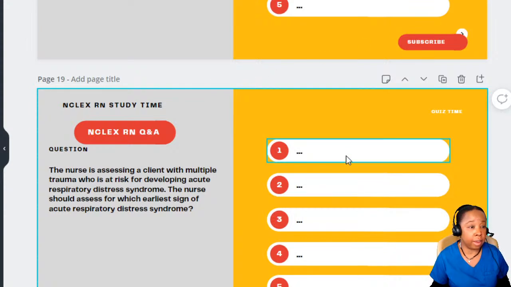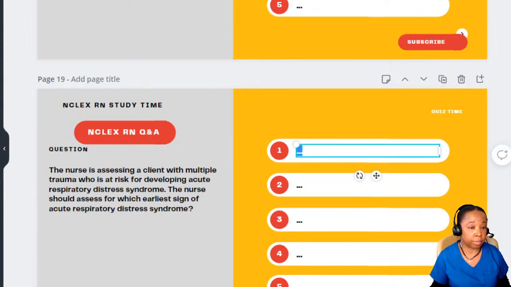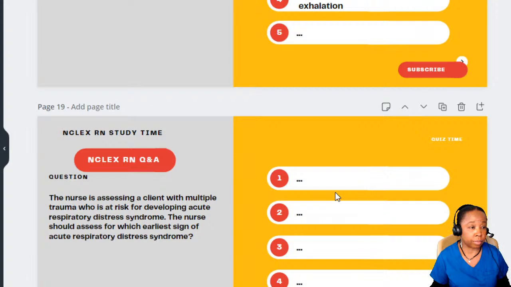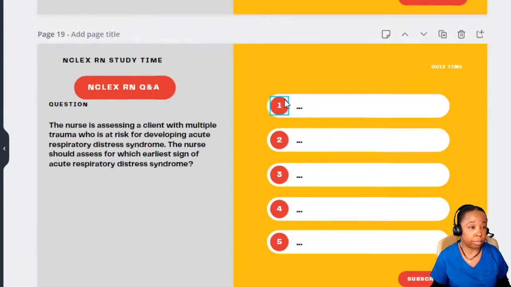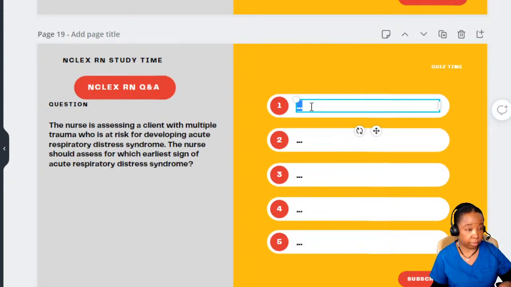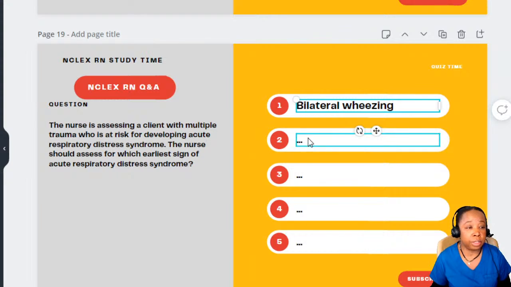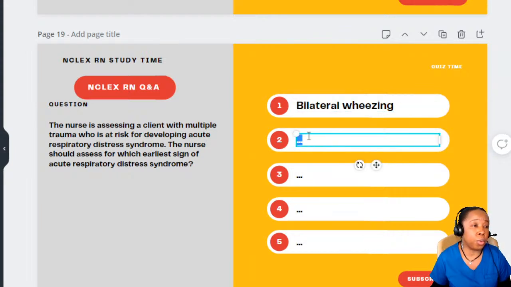The first answer is bilateral wheezes. Do you think a patient who has ARDS will have wheezes? Of course, it's possible, but let's see the other answers. But the thing is, you have to look for the early sign of ARDS.